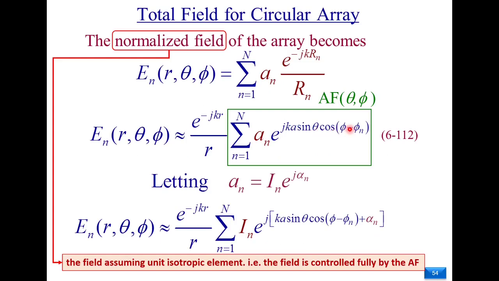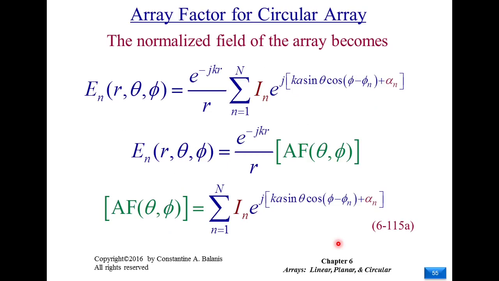A sine theta cosine difference is now here, and we can now write down the normalized field expression. This is like from origin, and this is the array factor for the circular array. So all we need to do now is run this summation from 1 to n.